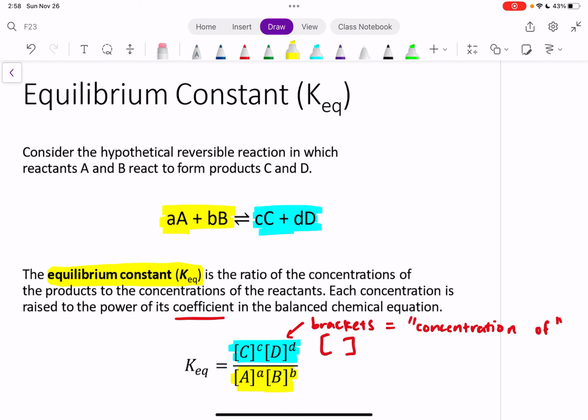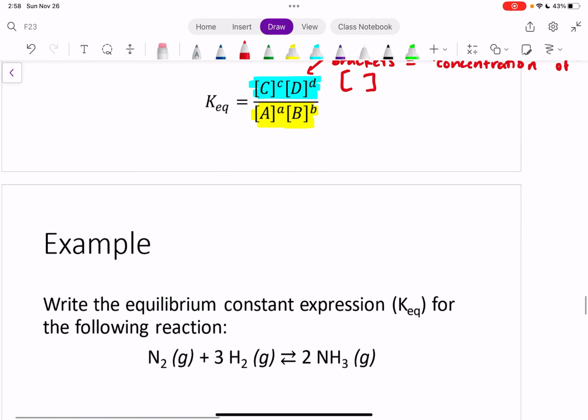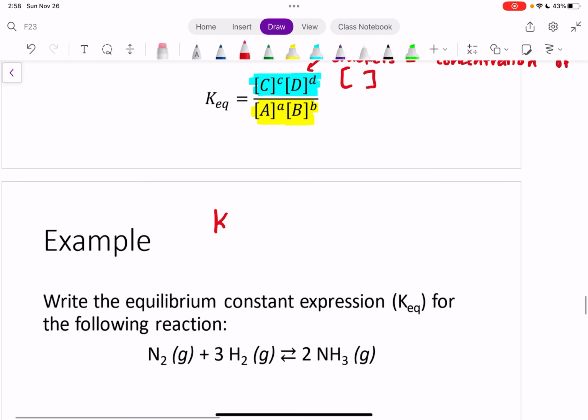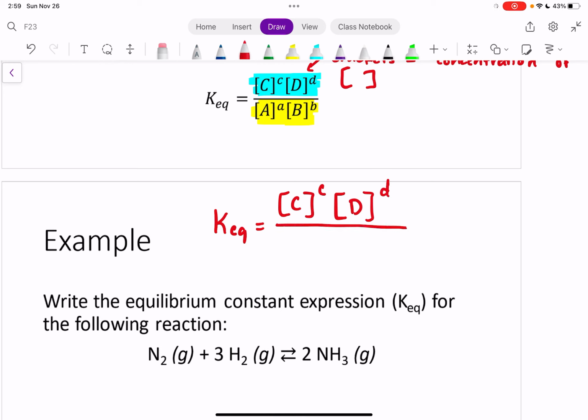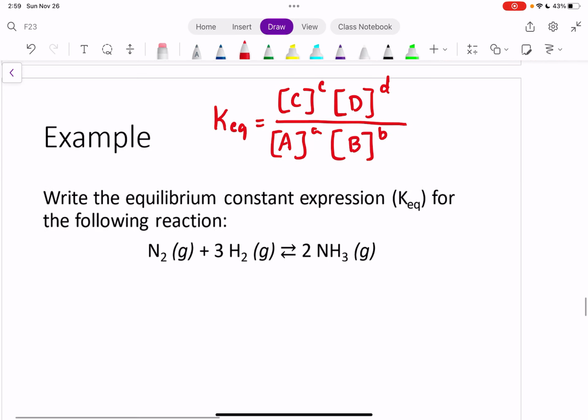I find that this is a lot easier to understand, as always, when we actually do an example. So let's try this, and I want to bring our equation down here. KEQ equals the concentration of C raised to the coefficient c, the concentration of D raised to the coefficient d, over A raised to a, B raised to b. So this is our generic equilibrium constant expression.